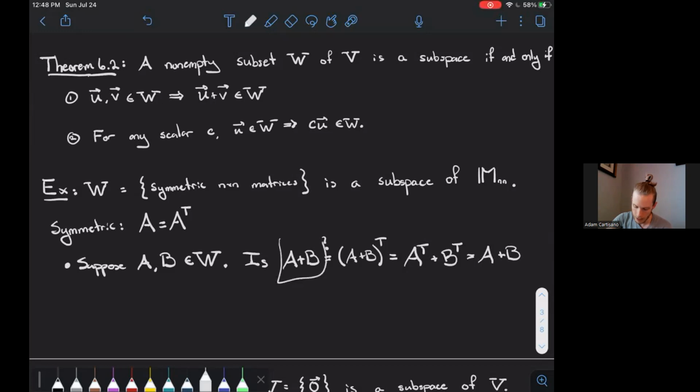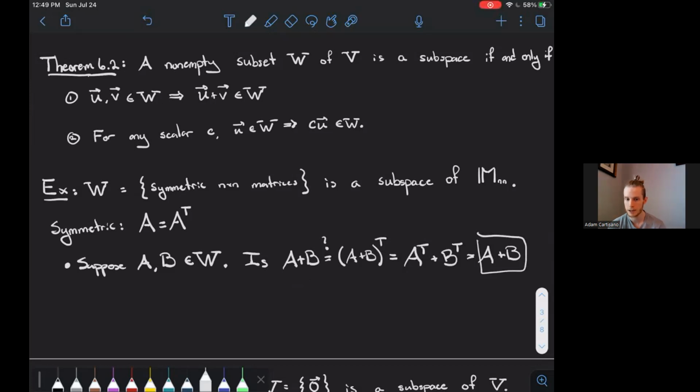So if you take A plus B and take its transpose, that's the same as the transpose of A plus the transpose of B, which is the same as just A plus B. But that is the thing that we wanted to show.